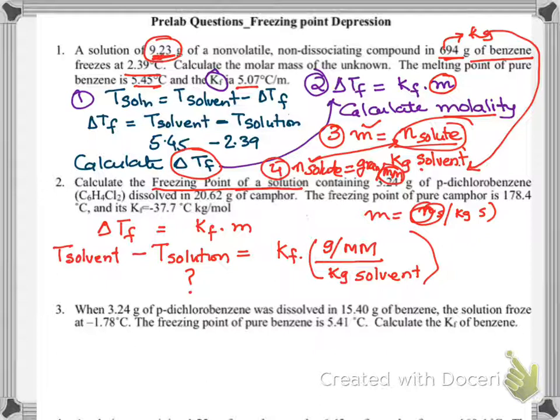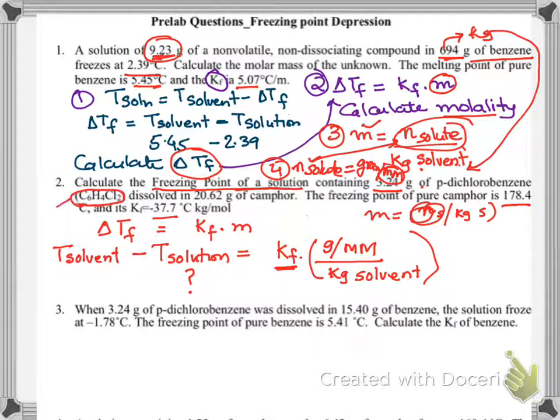Am I given the freezing point of the solvent? Yes, my solvent is camphor and this is the freezing point of the solvent. Kf is also given here. Grams of the solute is here, 3.24 grams. Now molar mass, do I know the molar mass of my solute? I'm given the formula.